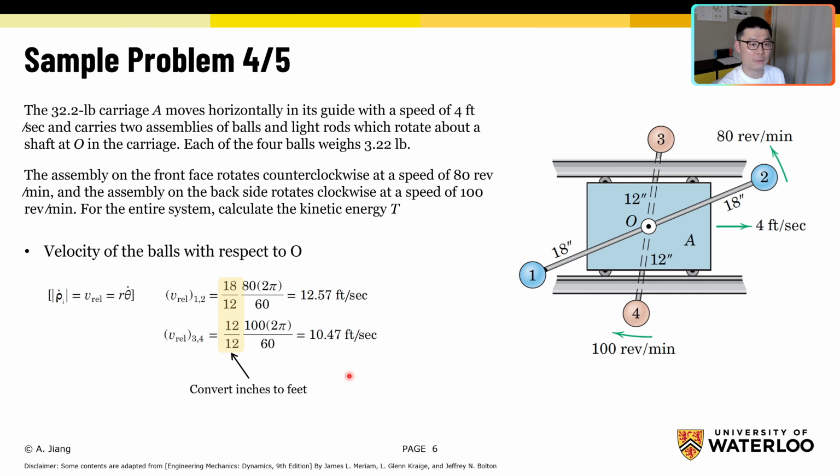Be very careful about the unit consistency here. The velocity is radius times angular velocity, or theta dot. This is what this is for. R theta dot gives you the velocity.